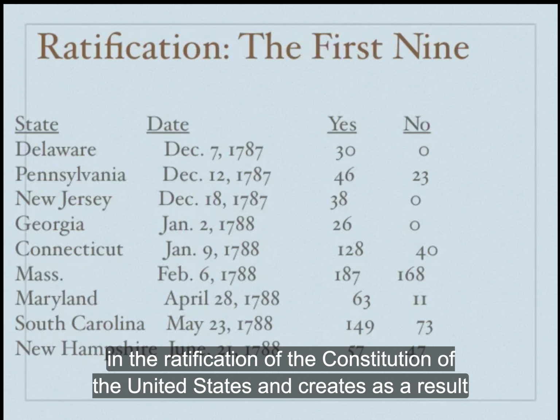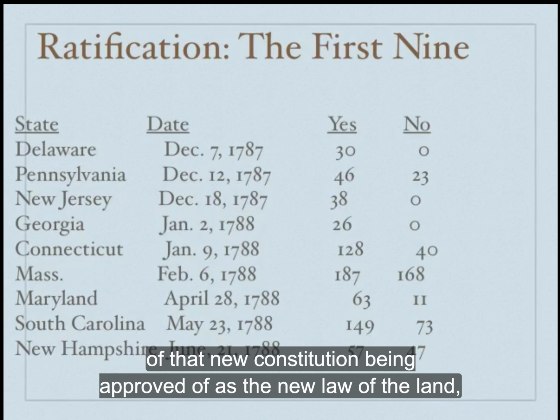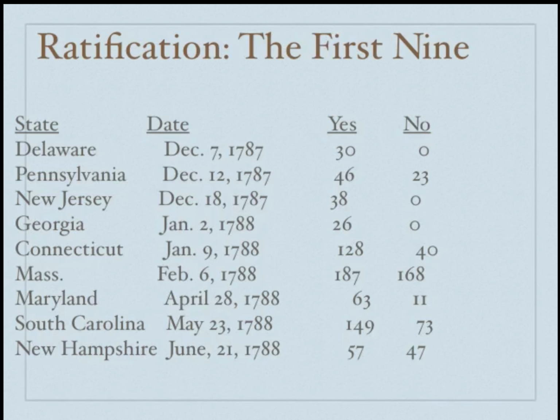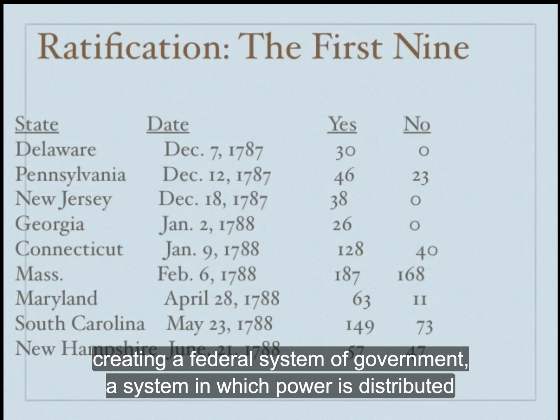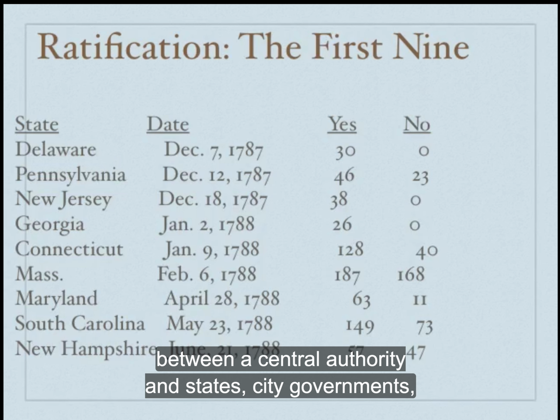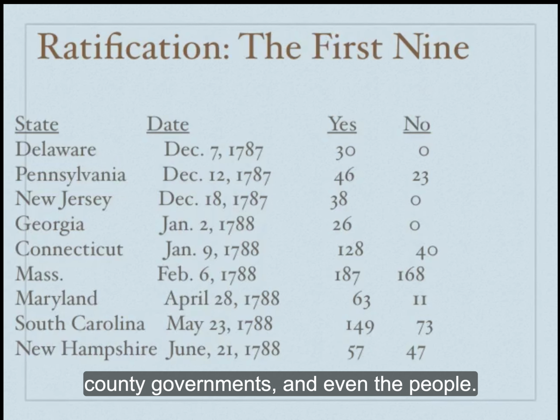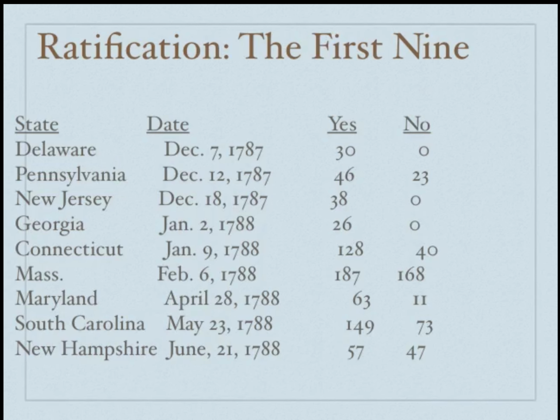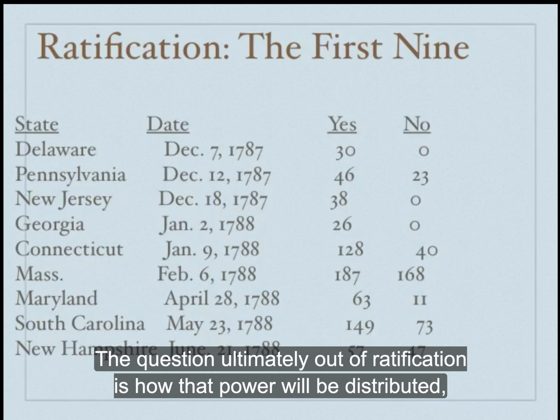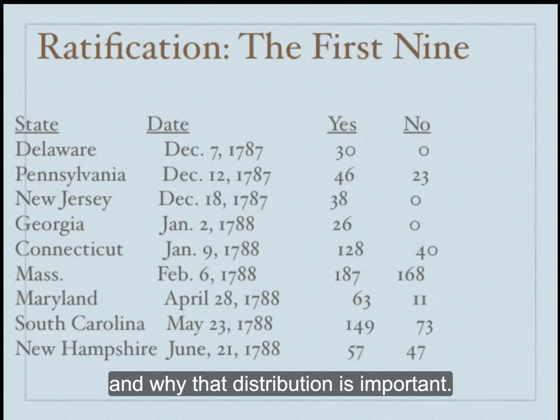As a result of that new Constitution being approved as the new law of the land, it creates a federal system of government, a system in which power is distributed between a central authority and states, city governments, county governments, and even the people. The question ultimately out of ratification is how that power will be distributed and why that distribution is important.